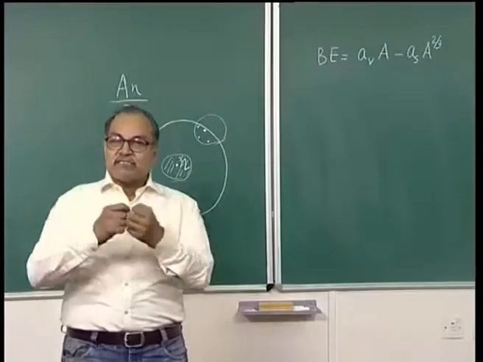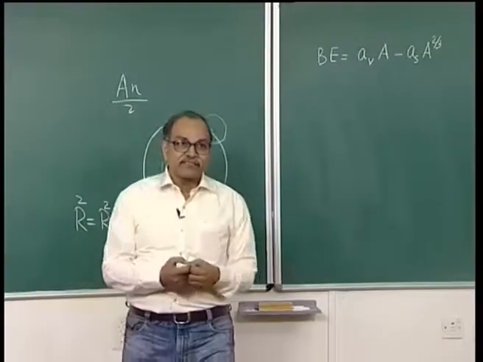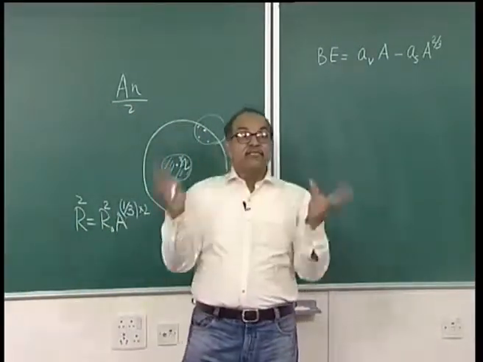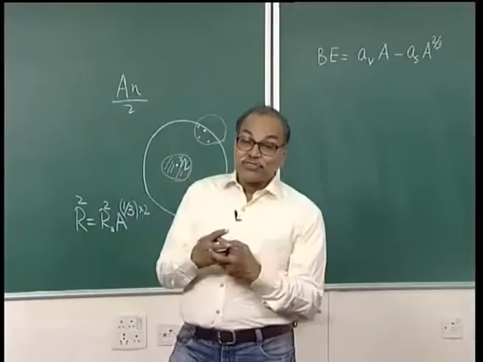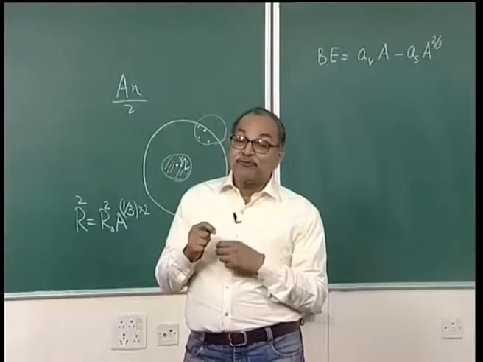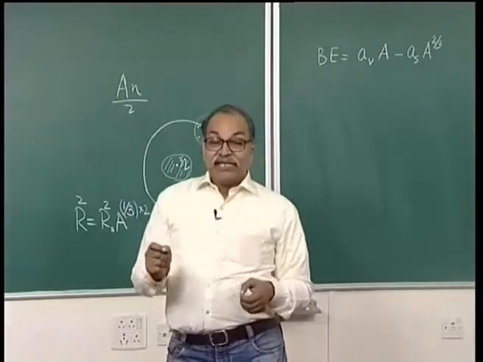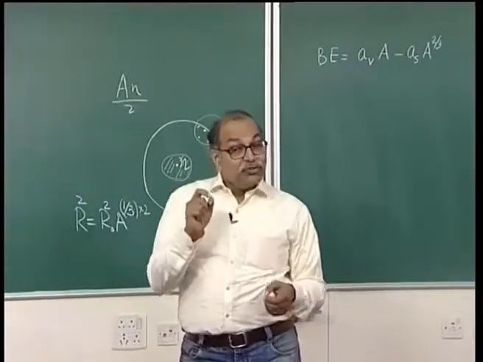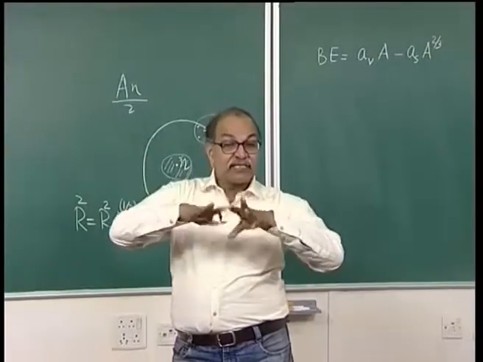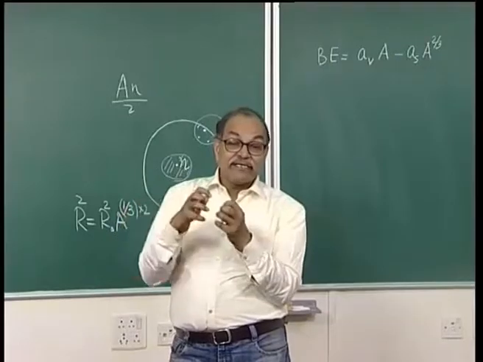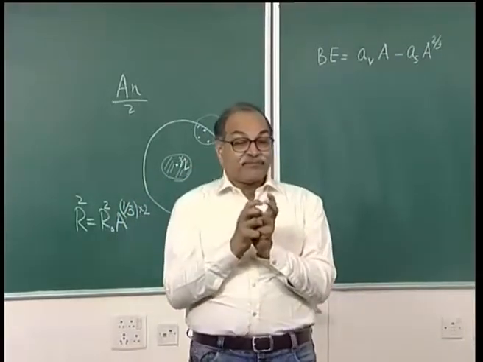So this is on nuclear interactions, but then in the nucleus you have protons, and these protons interact through Coulomb forces also, and that will also contribute to binding energy. Whenever there is an interaction, there is a corresponding binding energy. Here it is not attraction.